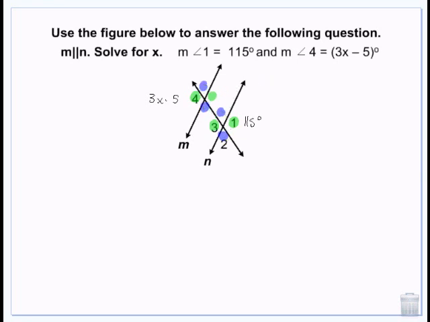Yeah, so angle 1 and angle 4 are congruent. So, actually I'm going to write it the other way. 3x minus 5 is equal to 115. So then I divide by 3, x is 40.